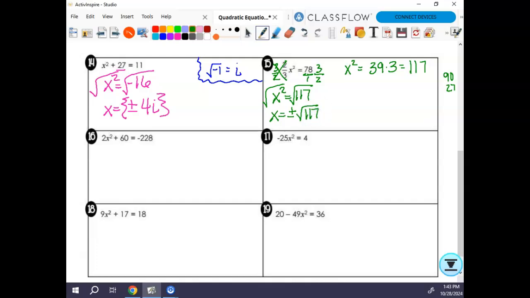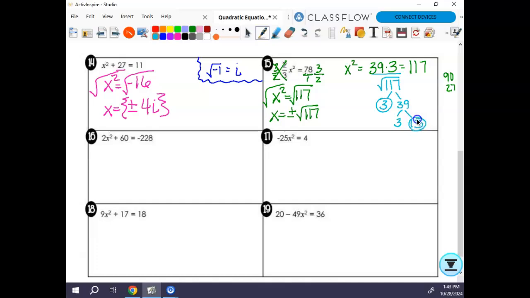Well, look what happens when we start to do this. This is one reason why sometimes doing without a calculator actually helps you a little bit, or even with it, if you're doing step by step and paying attention to what you're doing. Because when I take this square root of 117, I need two numbers to multiply to give me 117. Guess what they are? 3 and 39. And then what are two numbers to multiply to give me 39? 3 and 13.